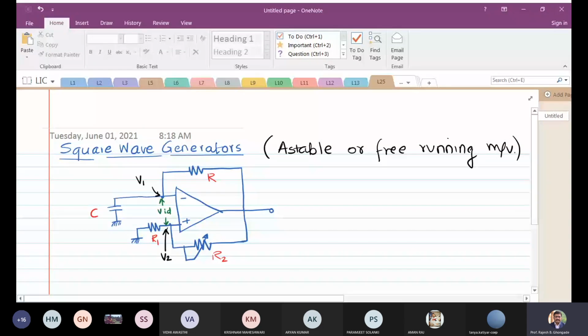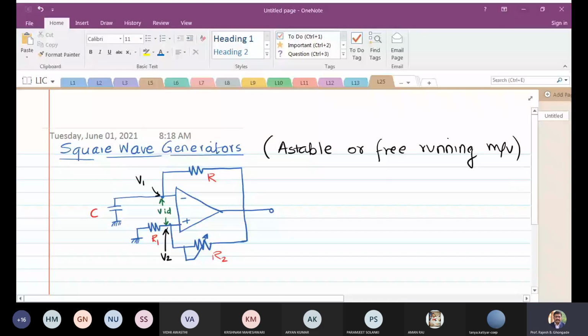We have already seen such a device in EDA, where discrete transistors were used to design an astable multivibrator. In a similar way, instead of transistors, we are now going to make use of the operational amplifier.